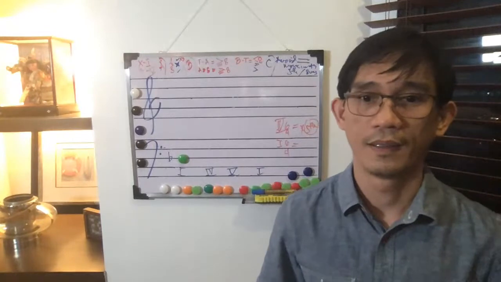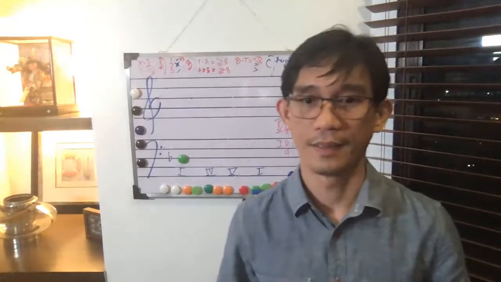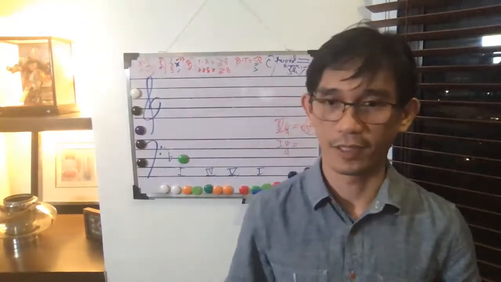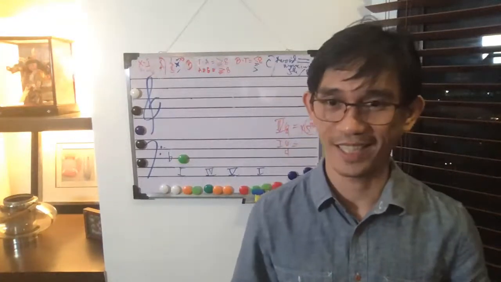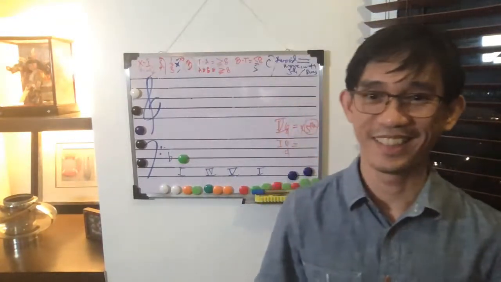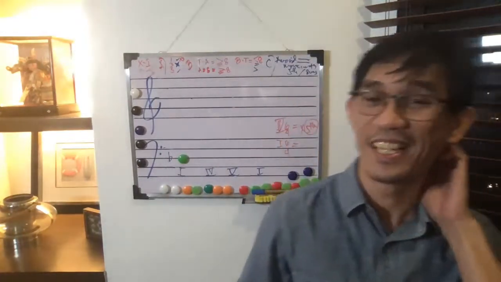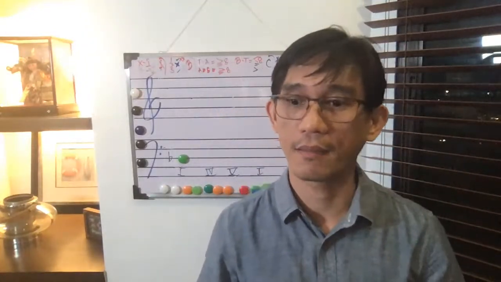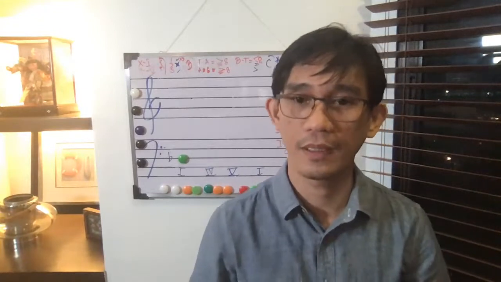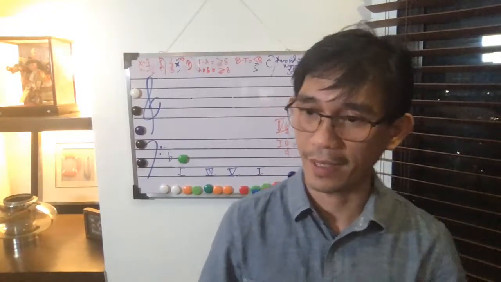Any questions so far? Going once, going twice, and I think there are no more questions. So I will see you next week, and hopefully all of you could get the correct answer.